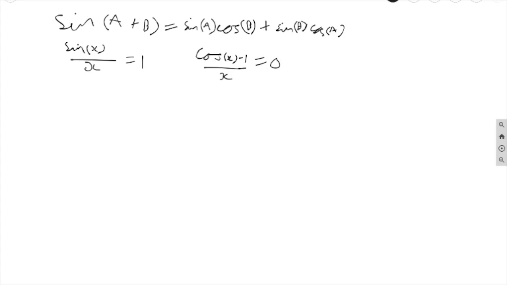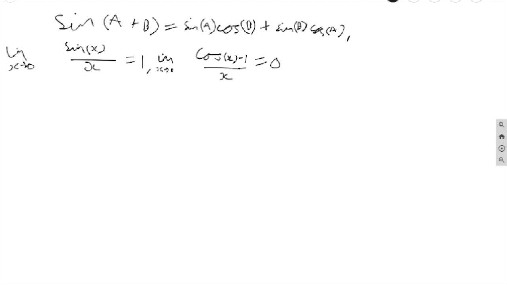These are parts of the double angle formulas, and these are actually limits. Limits where x tends to 0. So these are very small values of x for both of these. That's the limit as x goes to 0. But they're useful to know for this definition. With these three things in mind, we're ready to go.